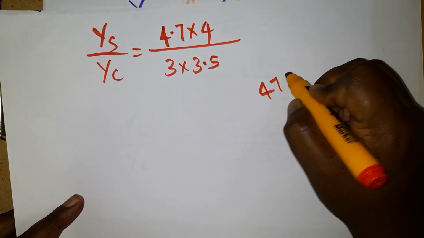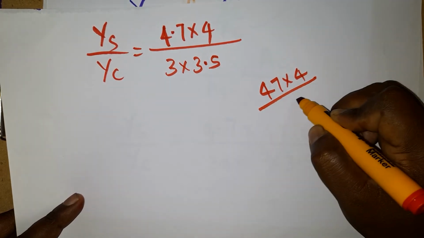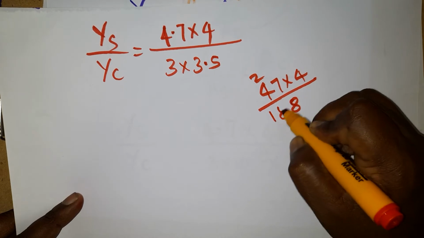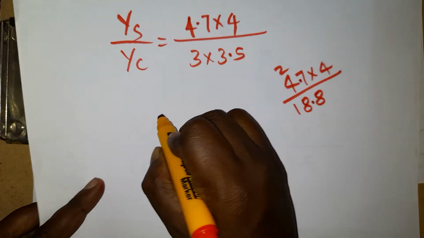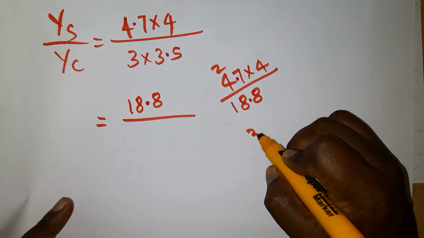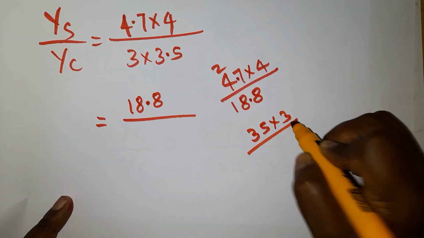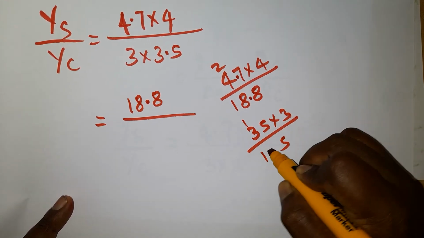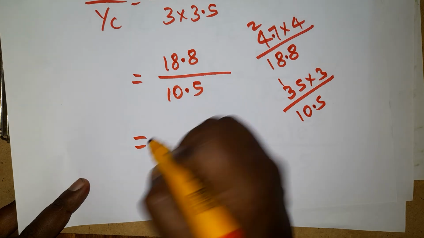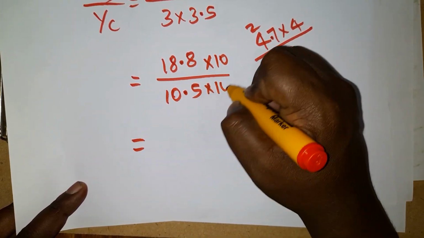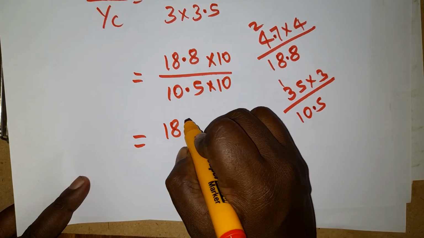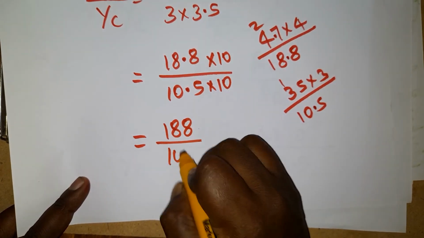For 4.7 into 4, that's 47 into 4, so we get 18.8 in the numerator. The denominator is 3.5 into 3, so 15, 9, 10, with one decimal, 10.5. If you want to make it a round number, multiply numerator and denominator by 10 and remove the decimal, the calculation will become a little easier. So the numerator will be 188, the denominator will be 105.